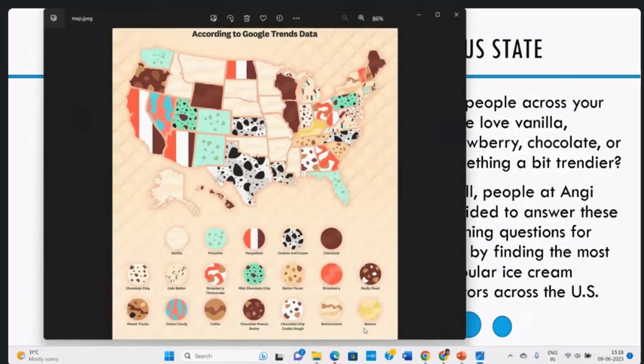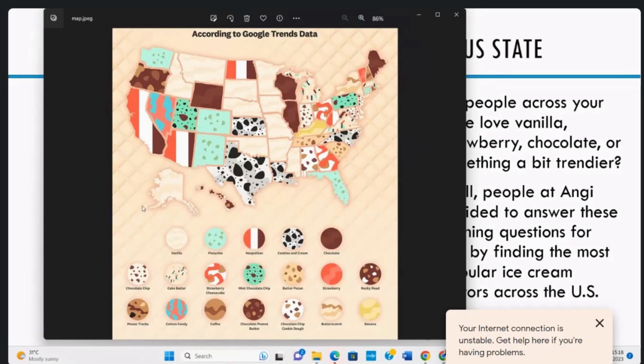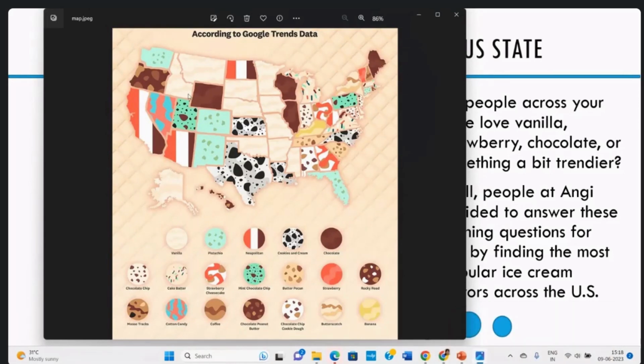This is a picture taken from Google Trends. You can see that this is the United States of America and every state is represented by a different color. What are these colors representing? The colors represent nothing but the flavors of ice cream.